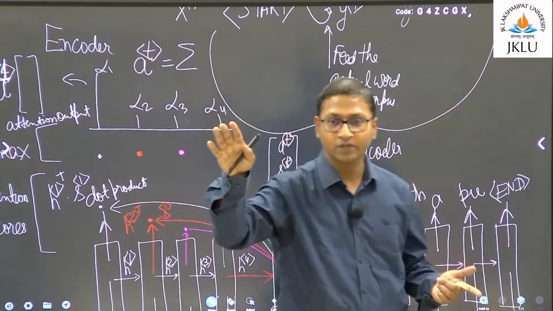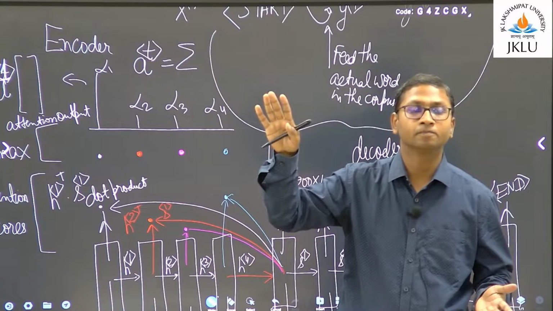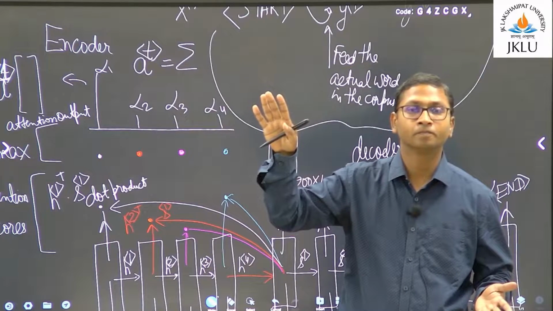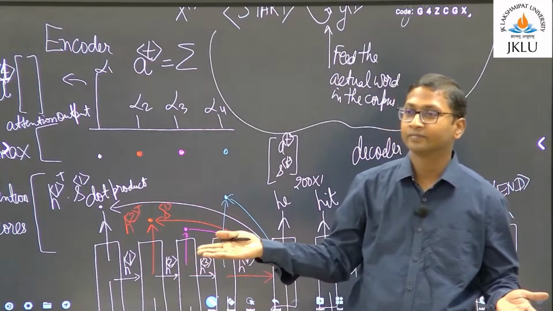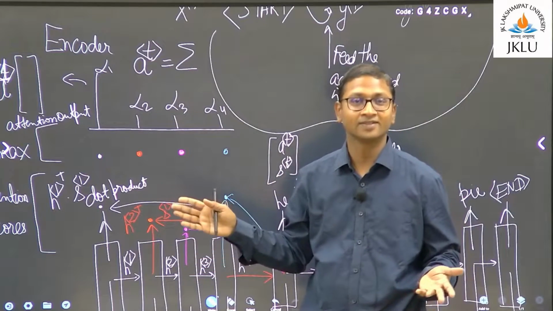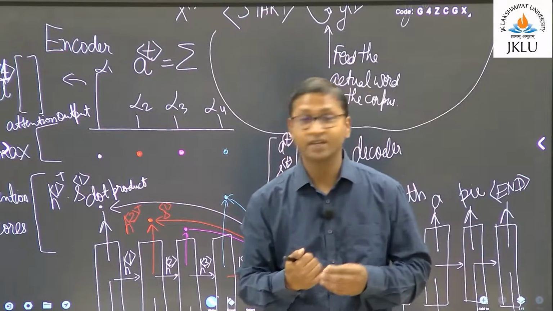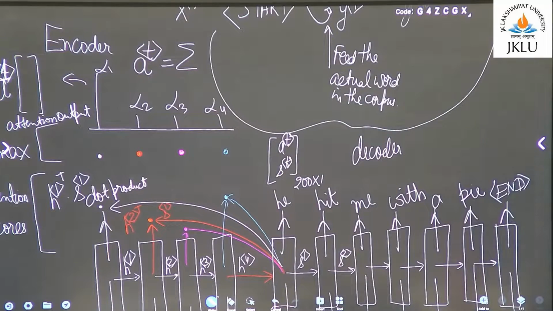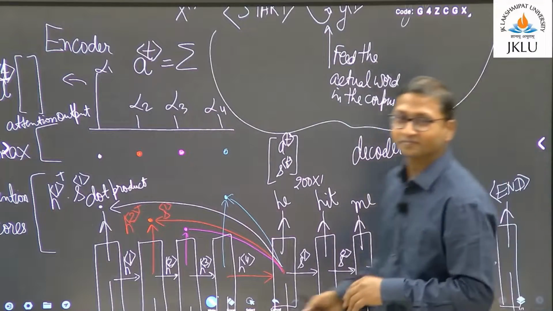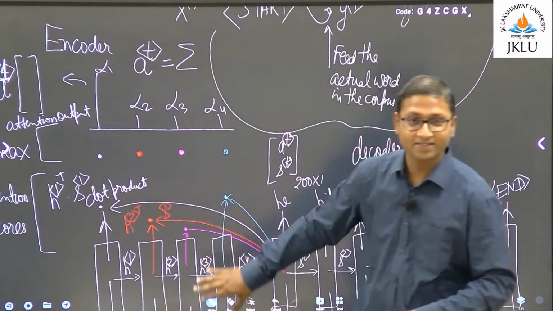Why 400 cross 1? 4 cross 1? 4 cross 1, 400 cross 1, what else? 300 cross 1 I also heard. Input vector is 300, x's are 300 cross 1.